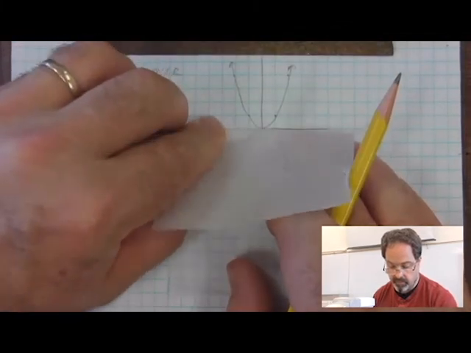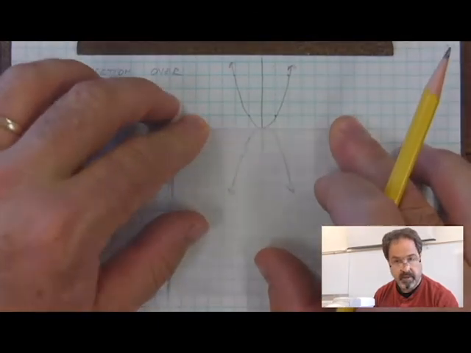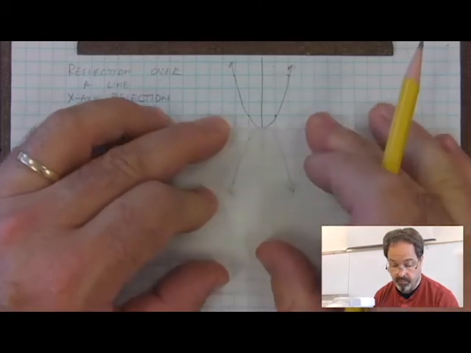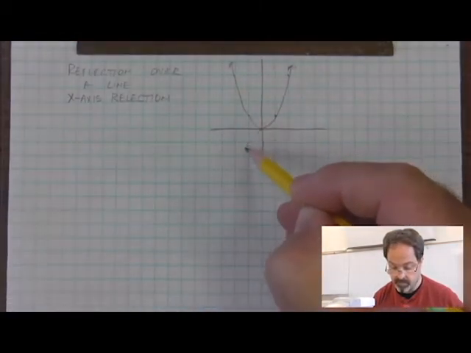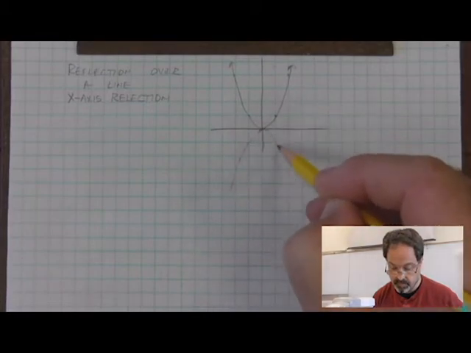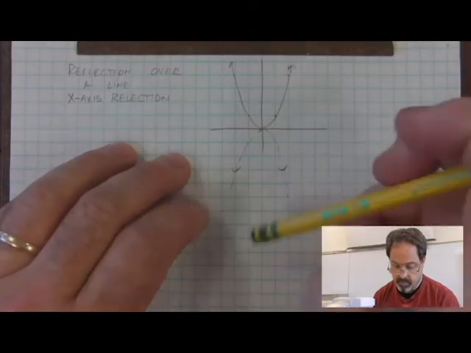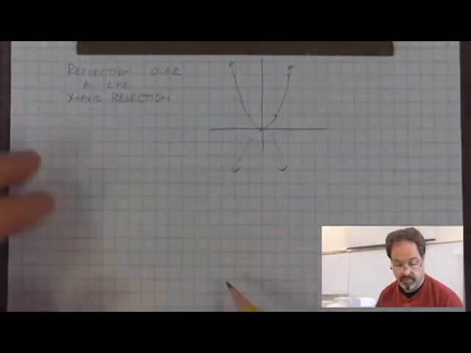So if I fold this over, or create the fold on the x-axis, then after I fold over what's above, I can see where it goes after the reflection. And I can sketch the result as a lighter or dotted line. This parabola has been reflected across the x-axis.